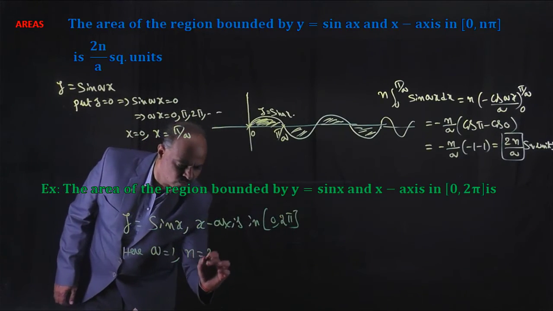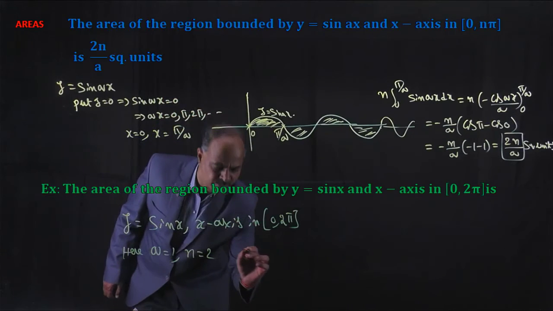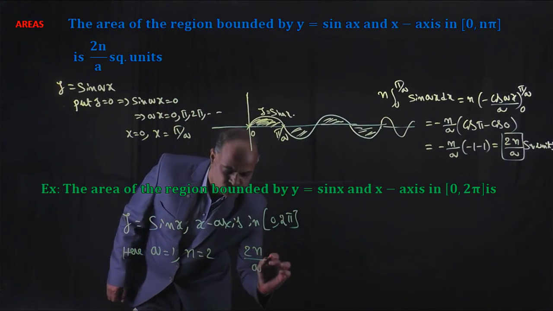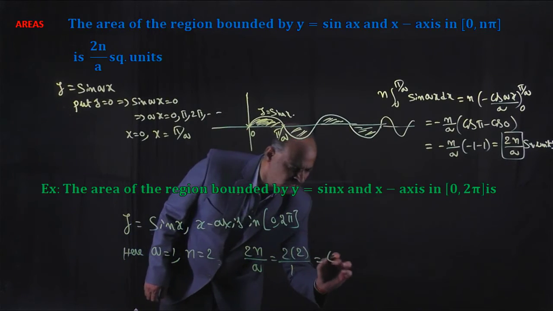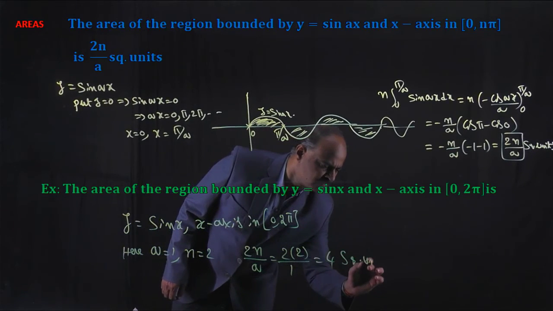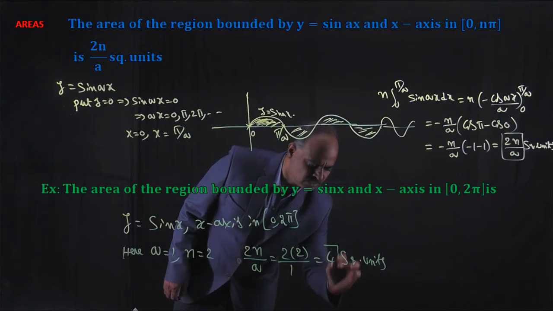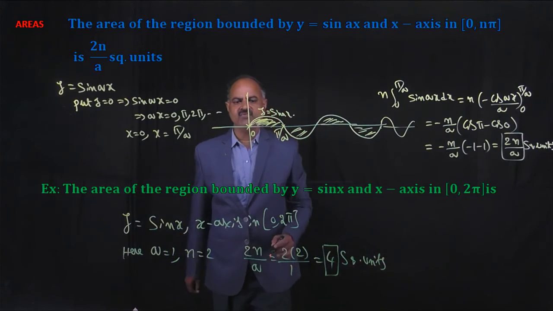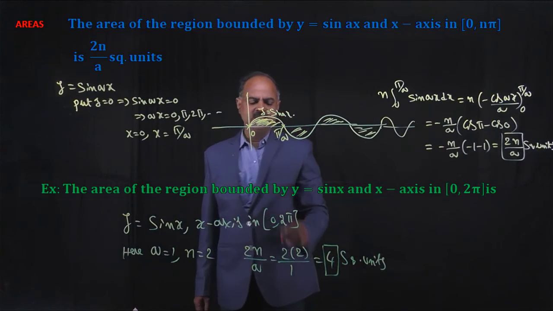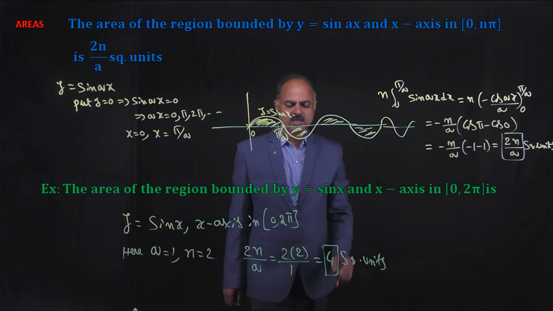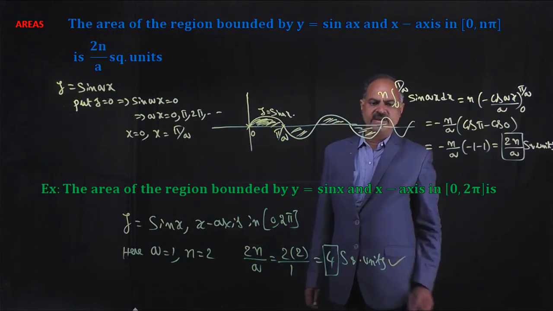The formula is 2n by a. So that is 2 into 2 by 1, which is equal to 4 square units. Therefore, the area of the region bounded by y equal to sin x and the x-axis in the closed interval 0 comma 2 pi is 4 square units.